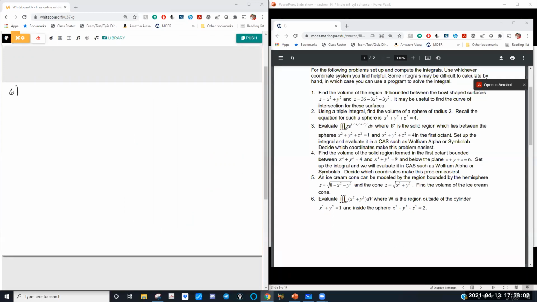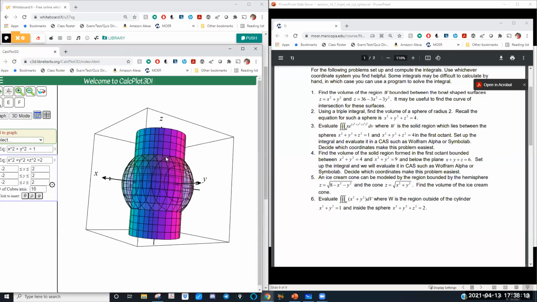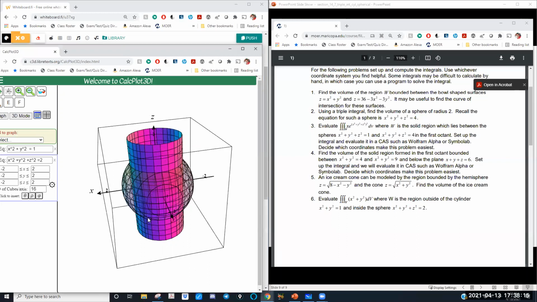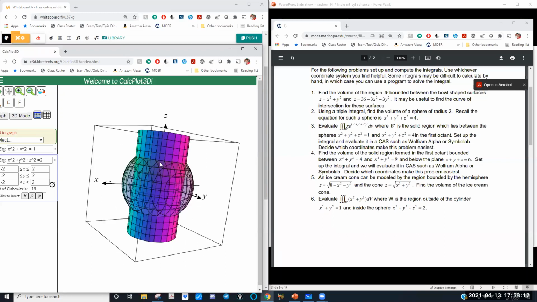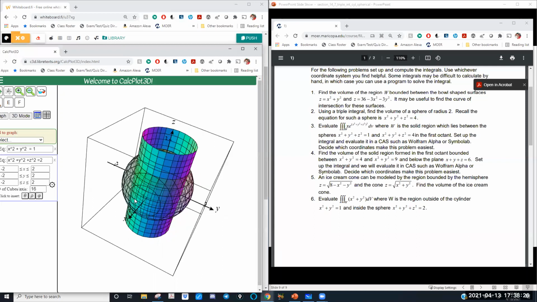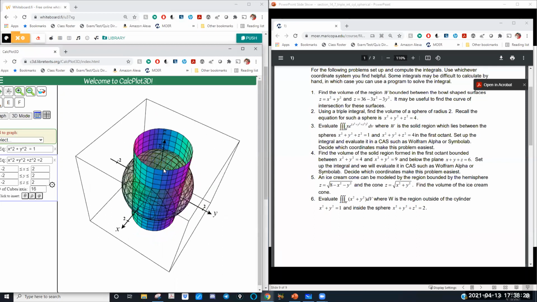Rectangular is an interesting one in this one. And the reason rectangular is interesting is because of the nature of the shape. Notice it's spherical on the edges, but not inside the cylinder. So there's no way to do this with a single integral.